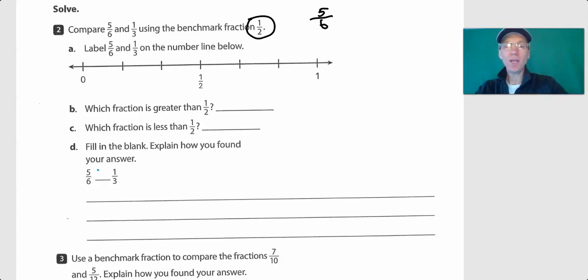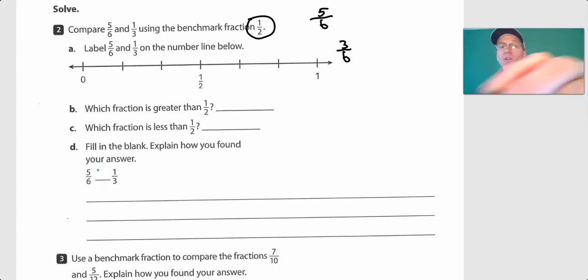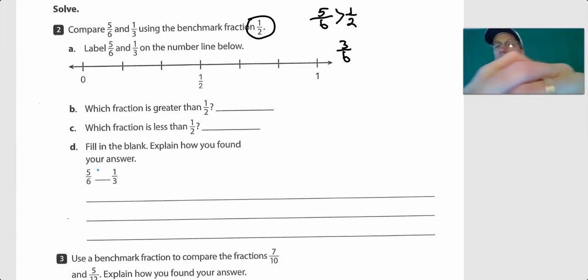Well, 1/2 would be 3 out of 6, wouldn't it? Think about it. That would be 1/2. So automatically, you know 5/6 is greater than 1/2. Okay? You automatically know that.